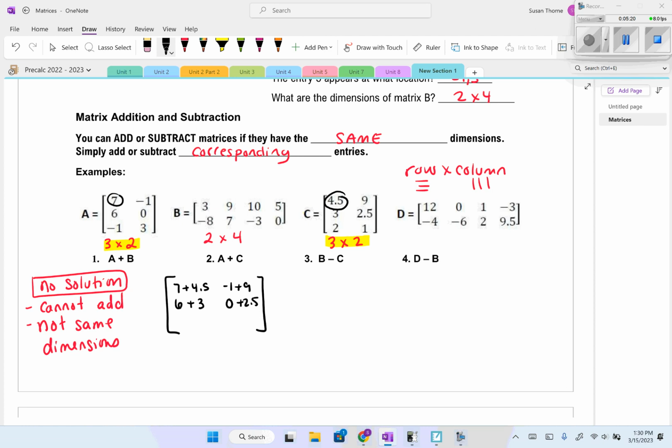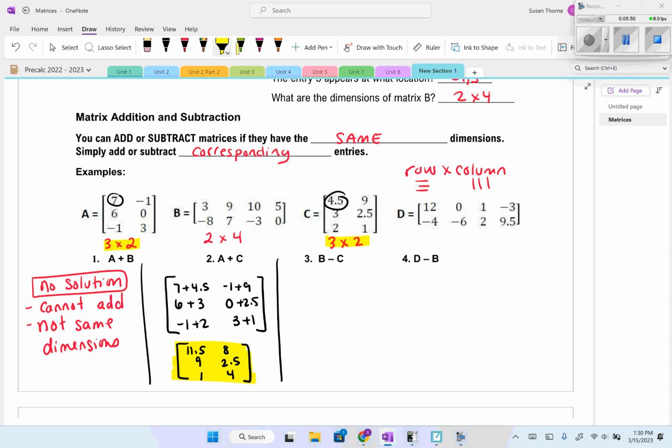And then row 3, column 1, negative 1 plus 2. And 3 plus 1 would be row 3, column 2. And if we add those together, we get 11.5, 8, 9, 2.5, 1, and 4. So that would be our answer matrix.